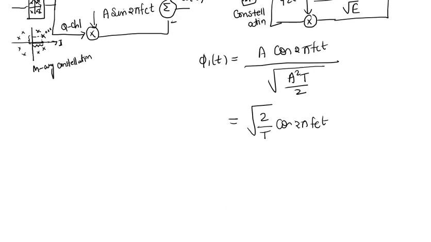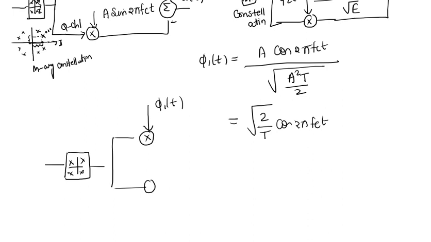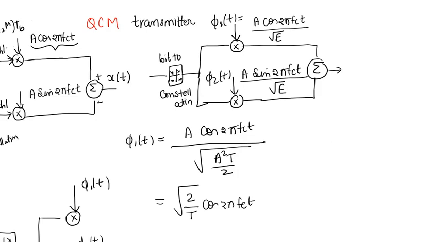So effectively that is the QCM transmitter, with the bit to constellation mapper again. Phi 2(t): one more point we do, we add a negative here, this minus sign is included here.